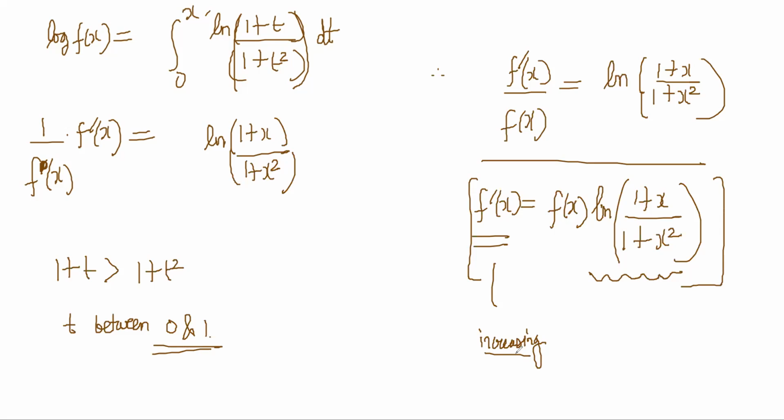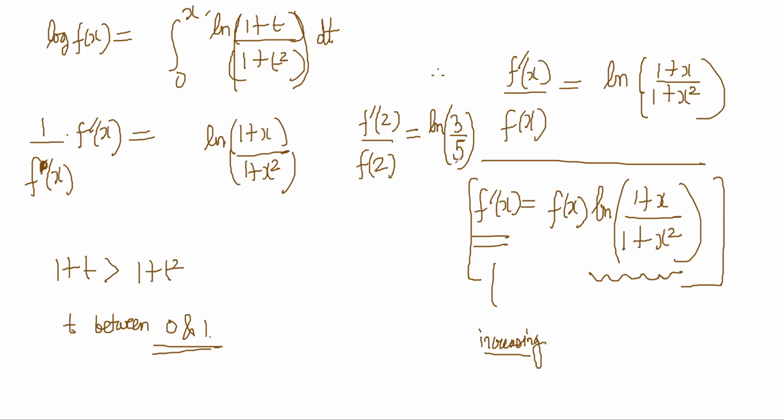So now it depends on the question options. For the value 2, you can put f dash 2 by f of 2, which will be equal to ln 3 by 5. Right?